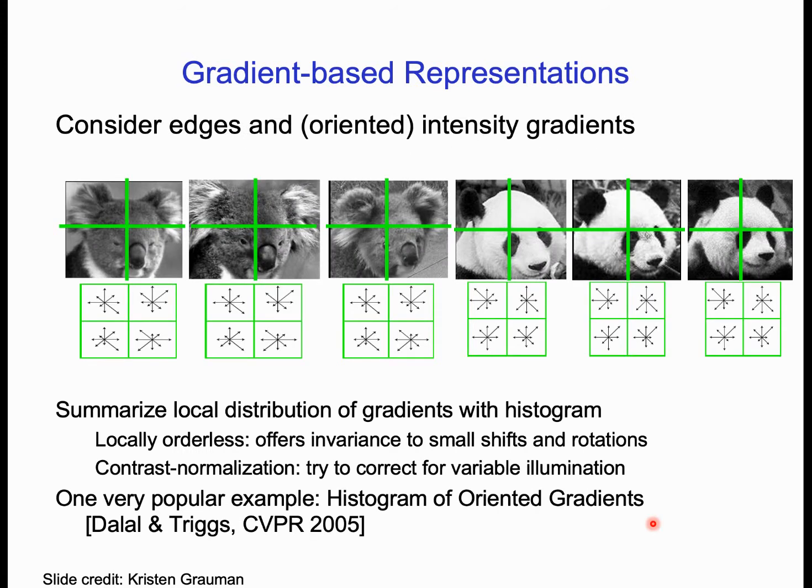In particular, we've seen that the histogram of gradient orientations, or histogram of oriented gradients, is a particularly useful representation when it comes to SIFT. And in most sliding window detection-based approaches, it is still a choice of representation.